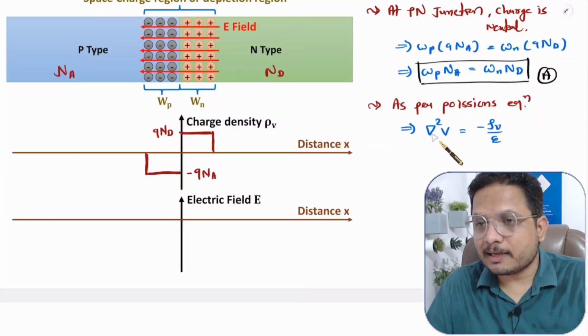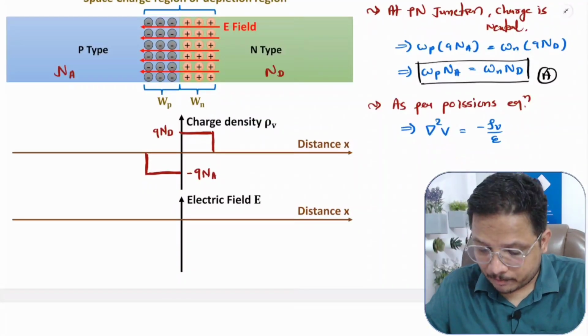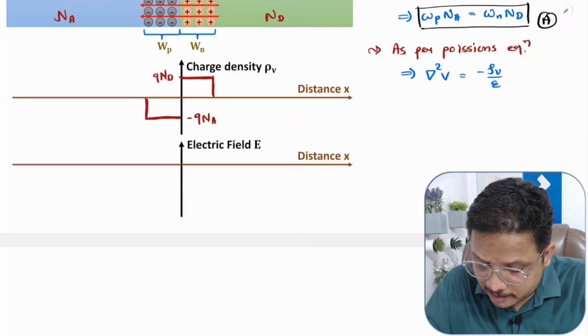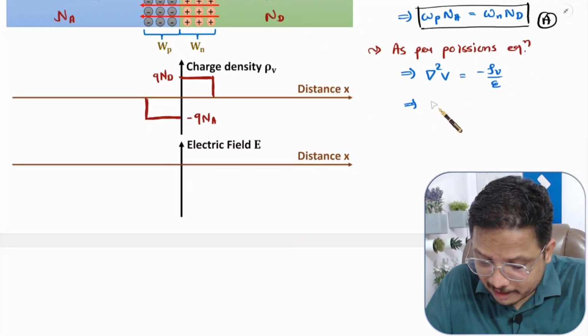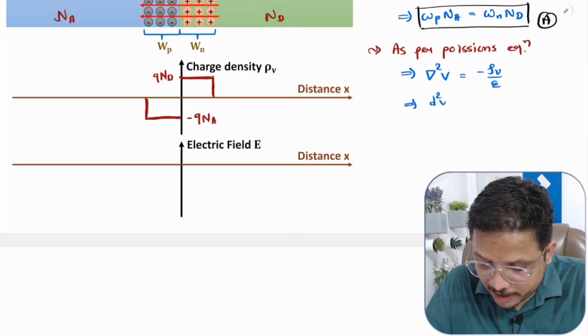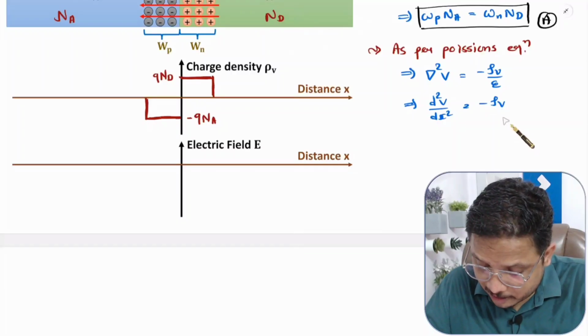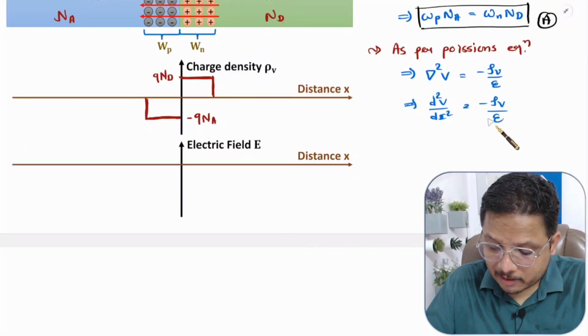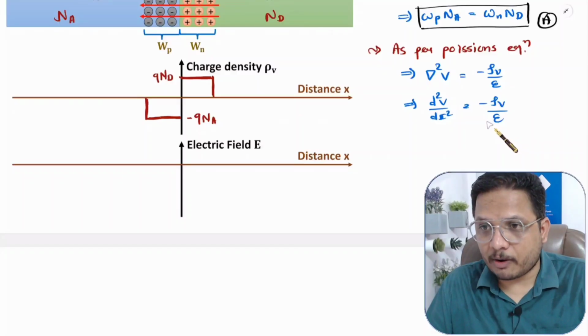Del square is d square by dx square, right? So if you want to represent this in distance form, then that will be d square V by dx square equals minus rho V by epsilon, right? That is how we can write Poisson's equation in differential form.